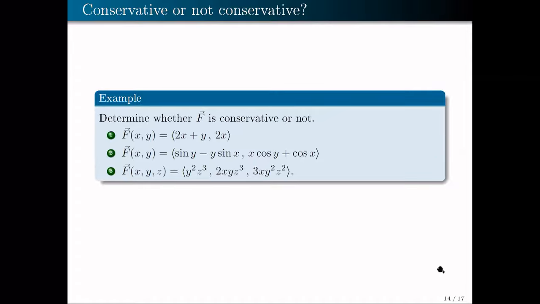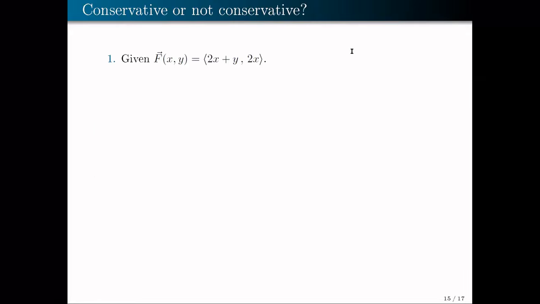In this example, we have vector fields on R2 and on R3, and we want to determine whether F is conservative or not. In the previous slide, we learned the sufficient conditions for F to be conservative. So in this example, it suffices to show that the conditions of the previous theorem or corollary are satisfied.